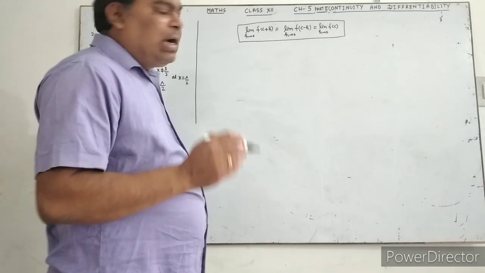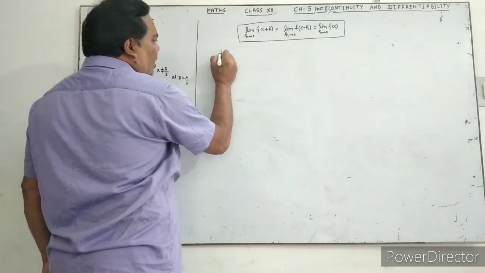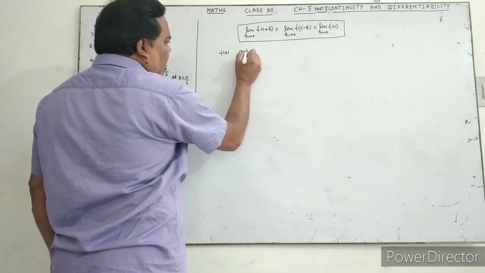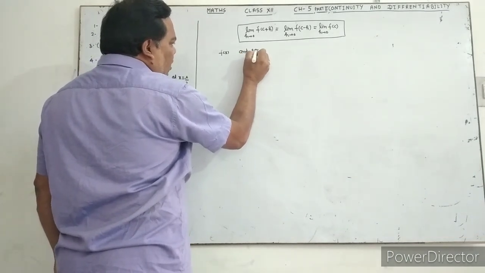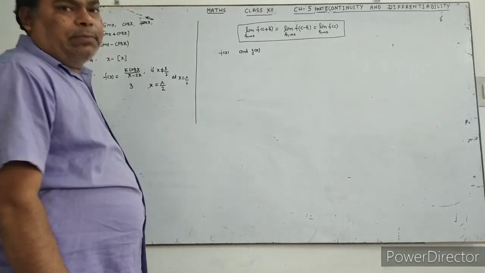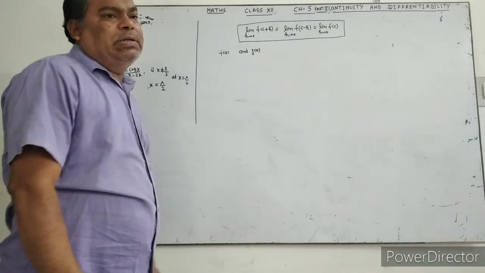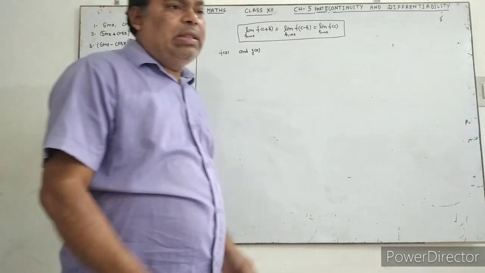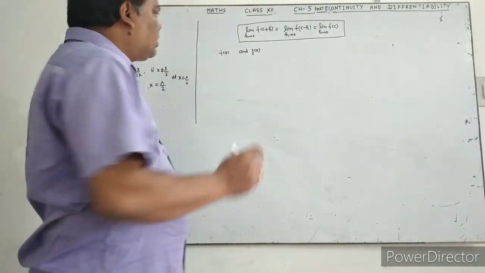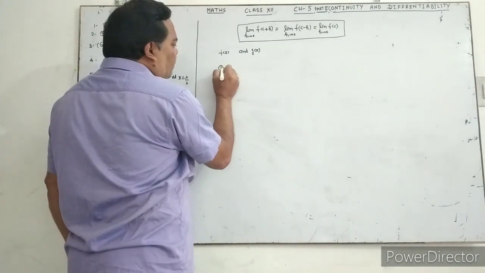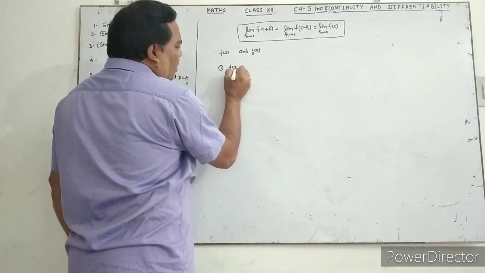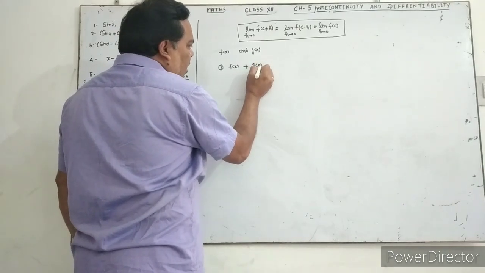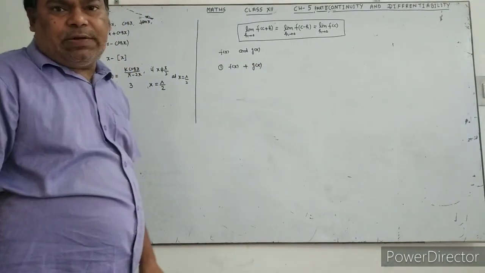if f(x) and g(x) are two continuous functions, then the sum of the two continuous functions, f(x) plus g(x), is also a continuous function.